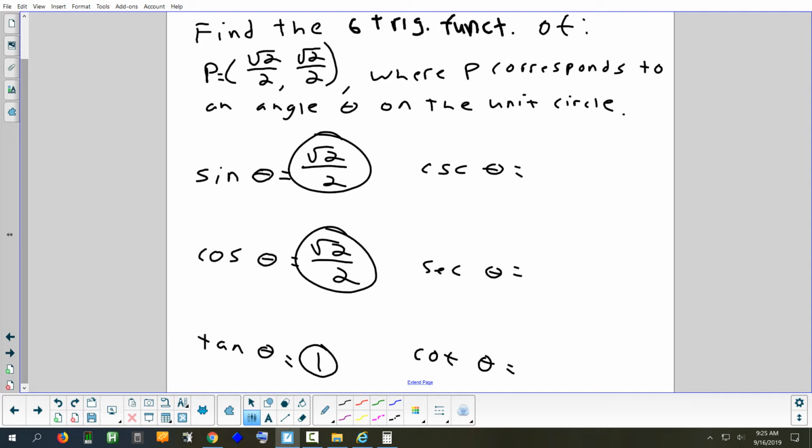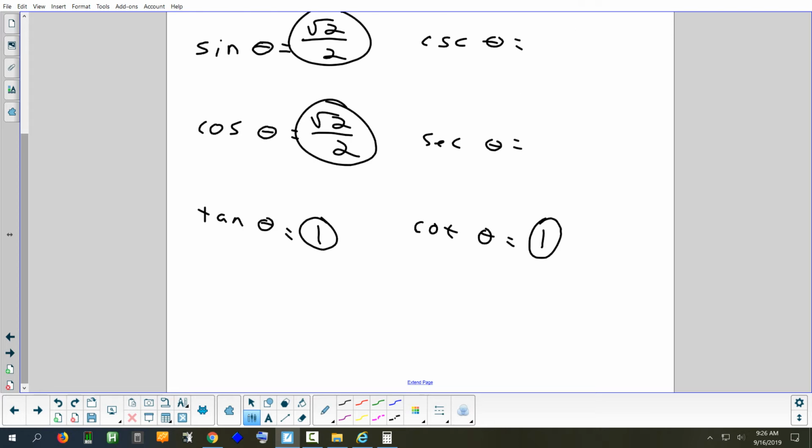If you take 1 and you flip it, what do you get? It stays the same. Think of it as 1 over 1, and you're flipping it, and it stays 1 over 1. So that one stays the same. Now, what's nice about the cosecant and secant is once we figure out one of them, we have the other one automatically, because the sine and the cosine are the same. So really, we only have one more calculation.